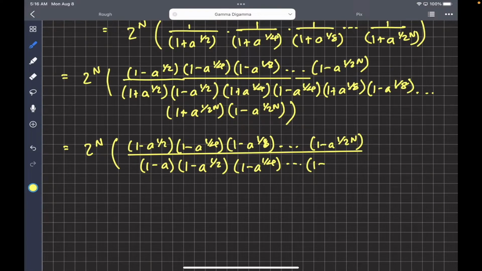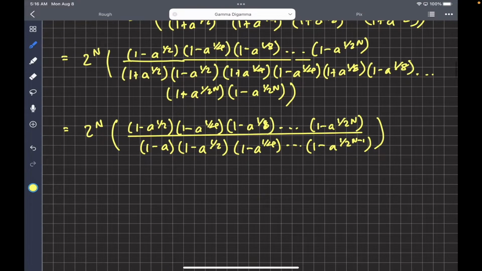And then the last term, 1 minus a to the 1 over 2 to the n minus 1 in the power. So what this allows us to do is have this entire thing telescope finitely, of course. And so the 1 minus a to the 1/8 will cancel with this successive term, while this will cancel with the preceding term in the numerator.